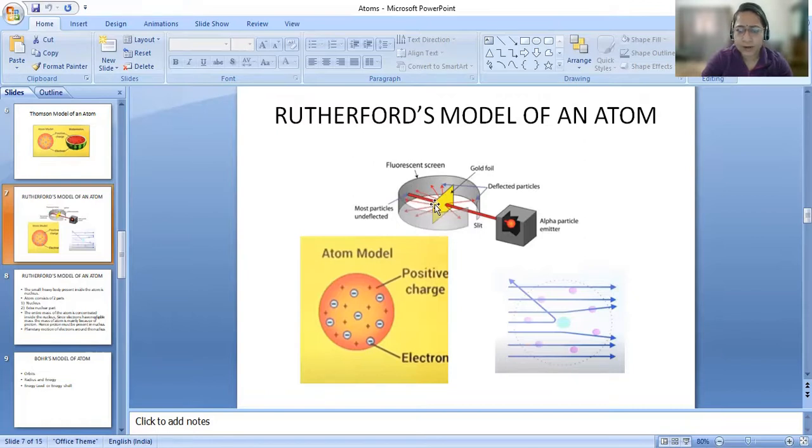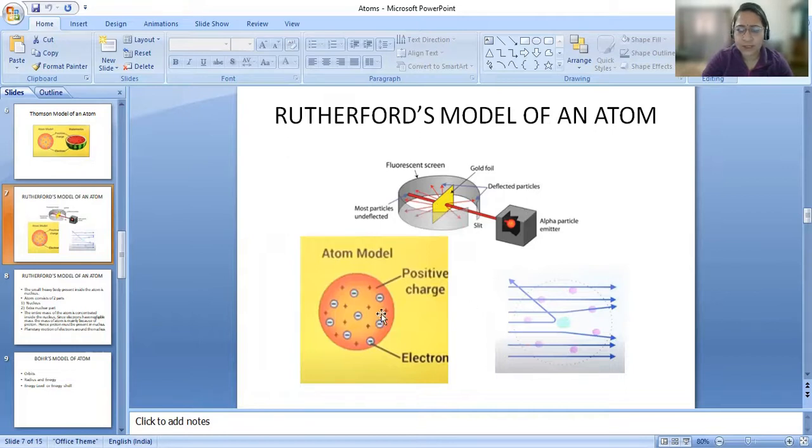Some alpha particles showed little deflection, and very few deflections were very large. According to Thomson's model, all the alpha particles should have deflected, because alpha particles are also positively charged and this is a positive sphere, so deflection should have been maximum. But to his surprise, he got very little deflection and most particles passed through the atom.